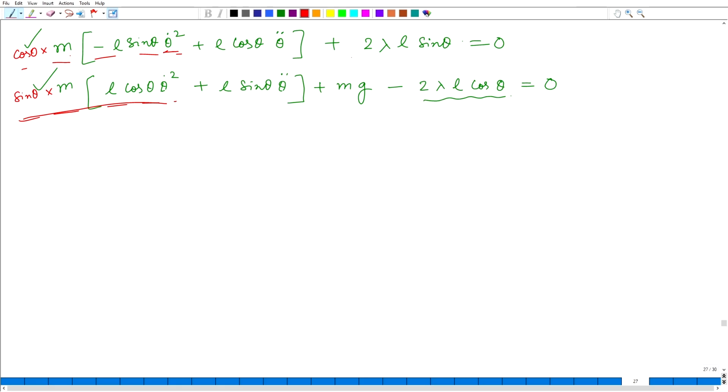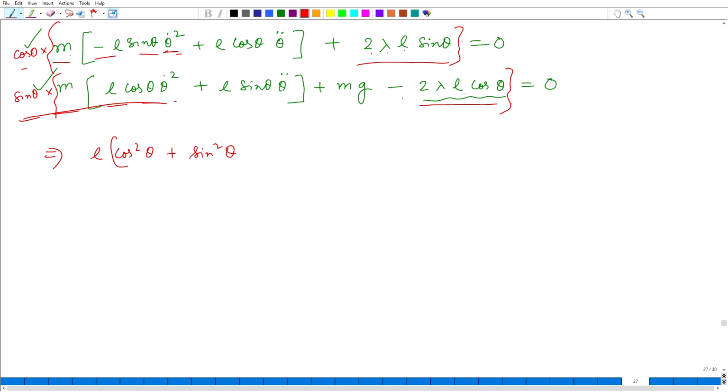Again, this is actually multiplied with the whole thing, the same here. Okay. So, this term with the Lagrange multiplier will also go away because it will be 2 lambda L sin theta cos theta with plus sign, and here it will be 2 lambda L cos theta sin theta with minus sign. So, finally, you will have L cos square theta plus sin square theta.